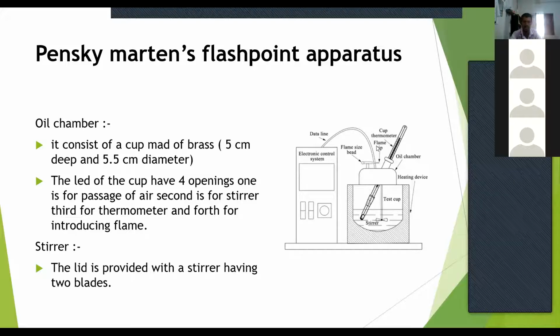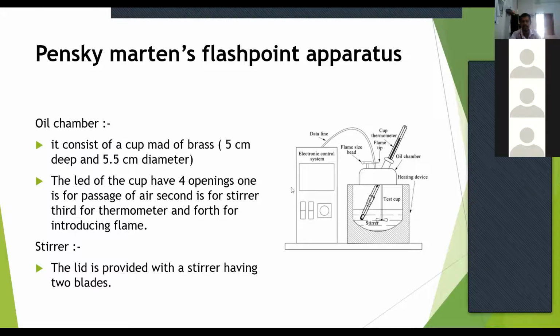The motor rotates and the stator stirs or mixes the fuel sample, so that heat flows homogeneously and every part of the sample heats up evenly. So we mix it while heating. The other hole is for the thermometer.